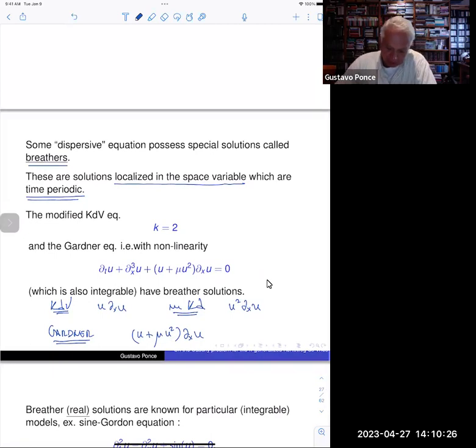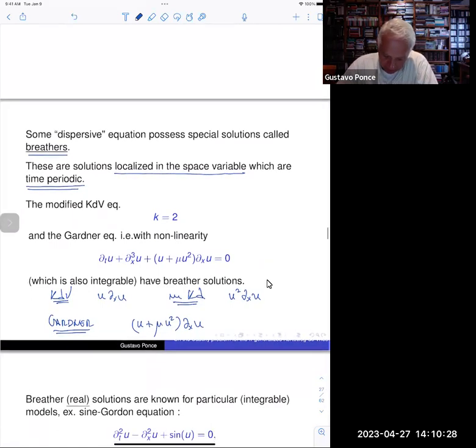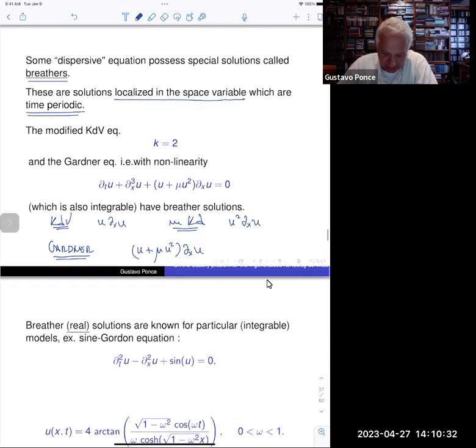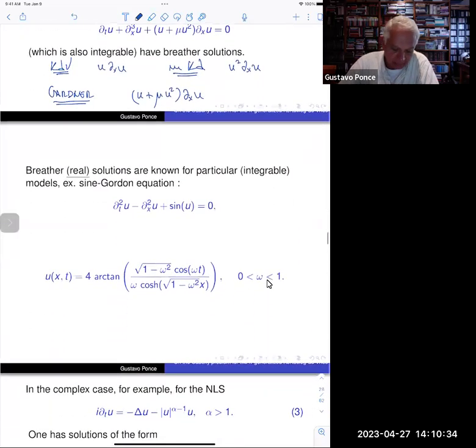Okay, we will go to the formula, but let's see that there are other equations that have breathers. For example, this equation is called the Sine-Gordon equation. It's also integrable and has a solution of this form that is time periodic.